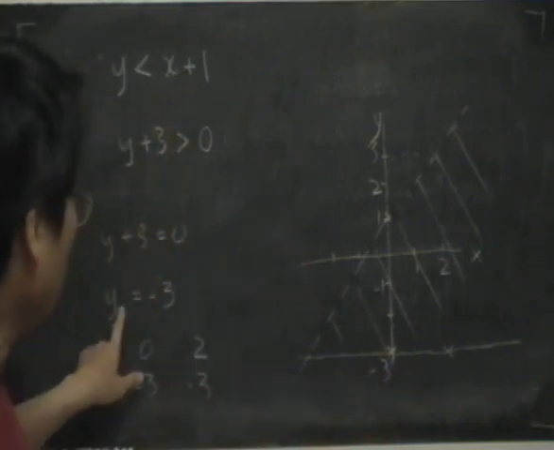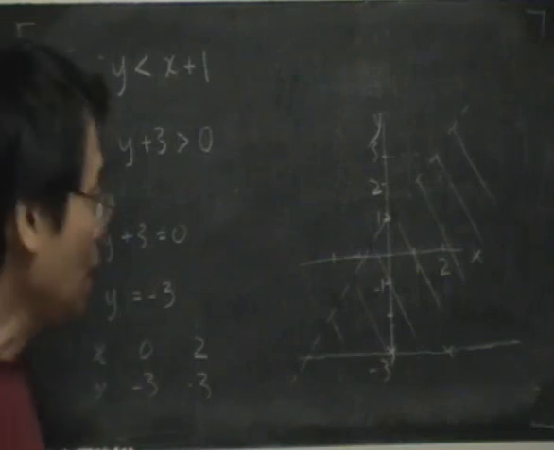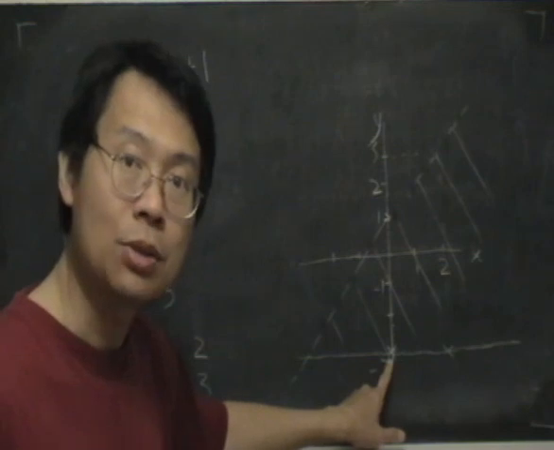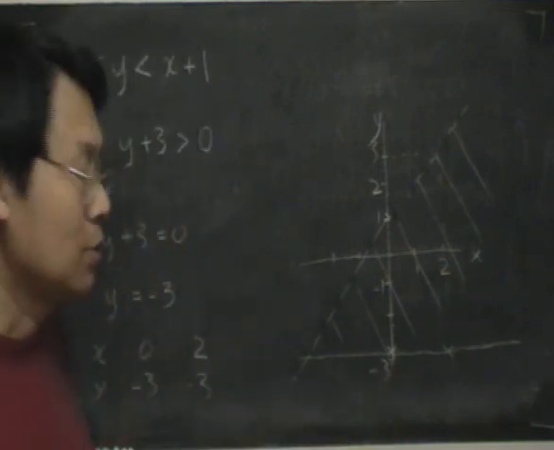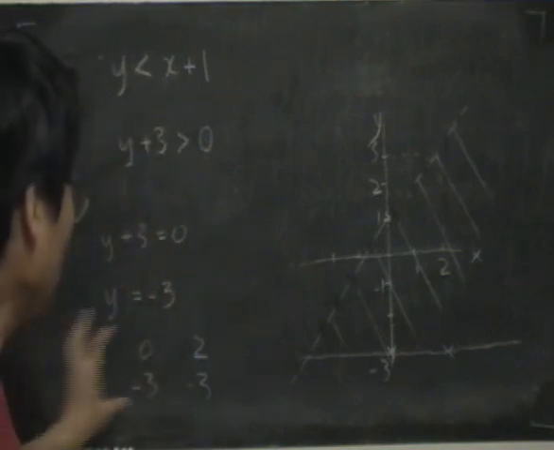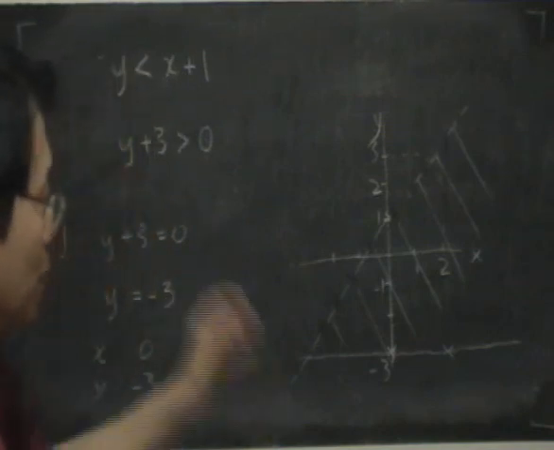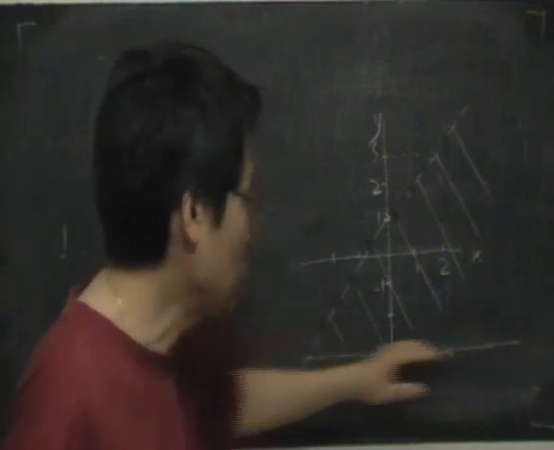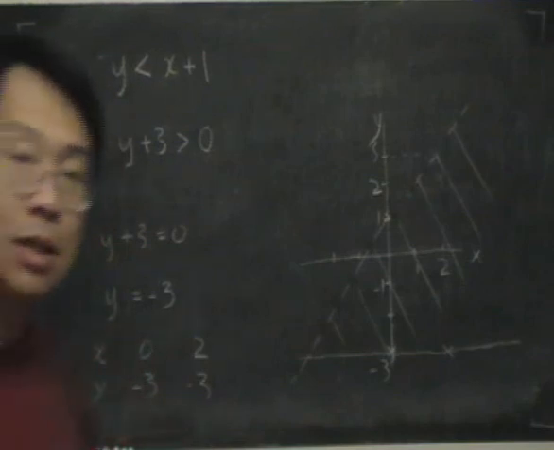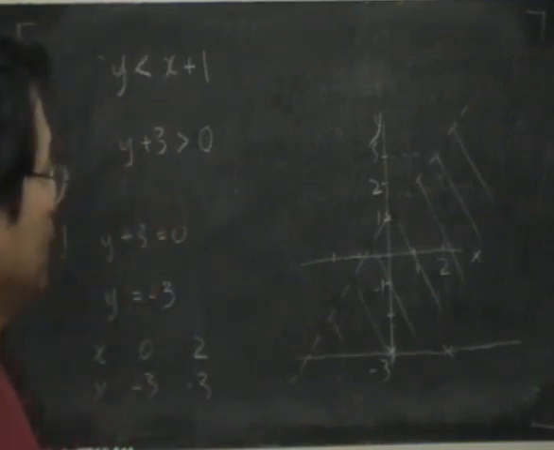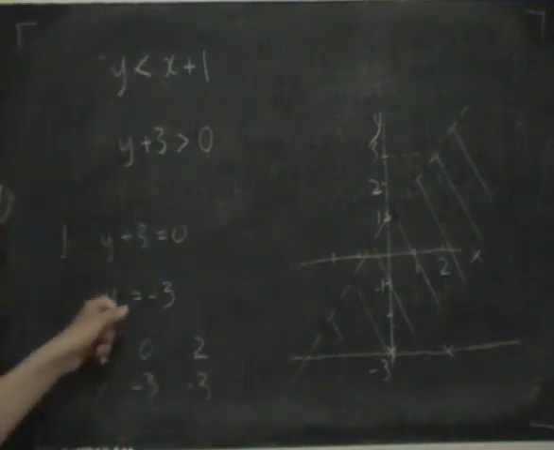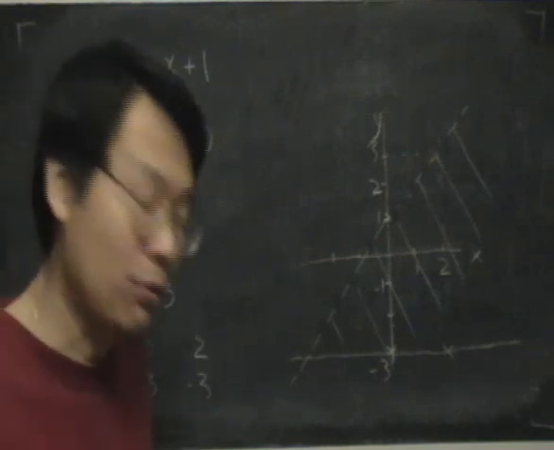So if the equation says y equals minus 3, it is a horizontal line going through minus 3 on the y-axis. So once we understand this, you don't even need to make a table. You can just go ahead and draw a horizontal line through minus 3 on the y-axis. And it's that simple. So the straight line, the equation y equals minus 3, is simple enough.